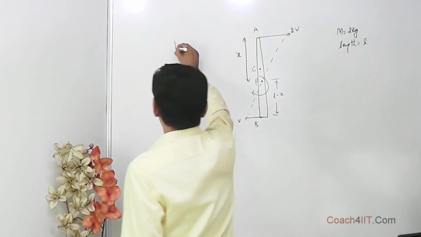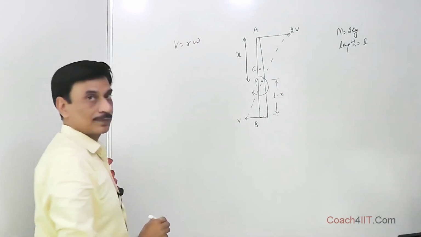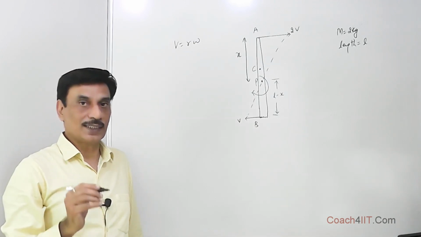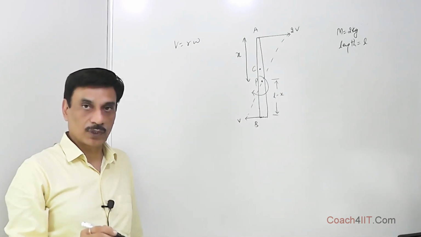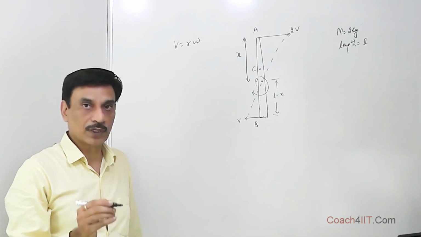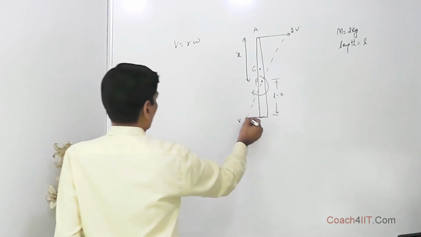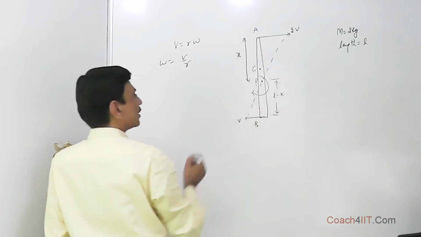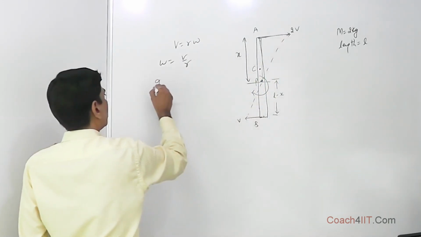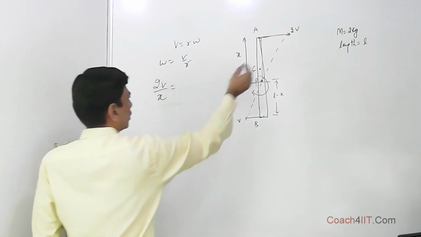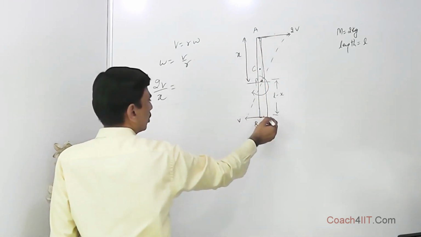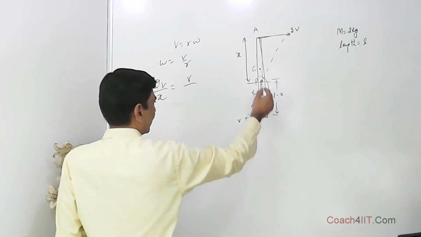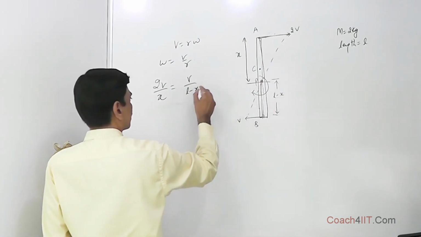We know V is equal to r omega, where V stands for the velocity of a point situated at a distance r from the axis of rotation when the body is rotating with angular velocity omega. So omega is equal to V by r, and omega for the whole rod is the same. For the end with 2V, it is 2V by x, which should be equal to V by L minus x, since that end is moving in a circle of radius L minus x.